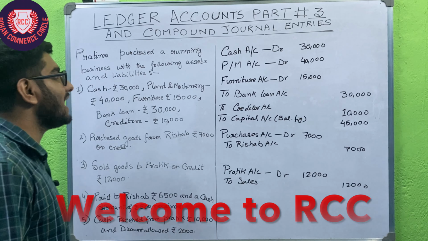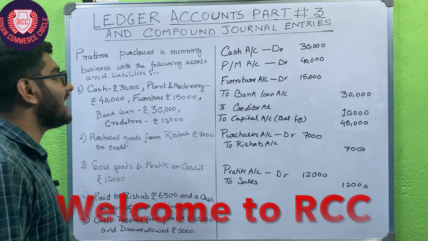Next is purchased goods from Rishabh rupees 7,000 on credit. That means the business is purchasing goods. That is very easy. The purchases account is increasing, right? The expenses are increasing in this case. So when the expenses increase, we debit it, and from whom are we buying it?